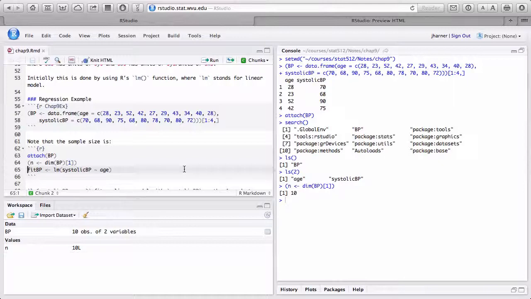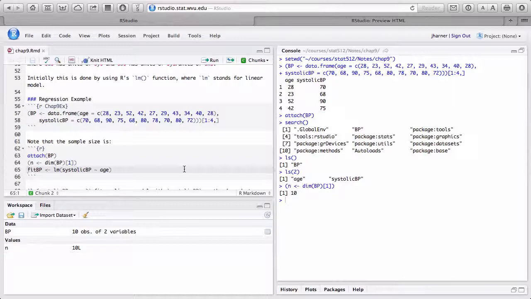So we're saying systolic blood pressure is modeled as a function of age. In this case, it's a linear function because lm fits linear functions. Now, lm can fit very complex functions, but they're still linear in the parameters. When I say linear, I mean linear in the parameters, so it's linear in alpha and beta.